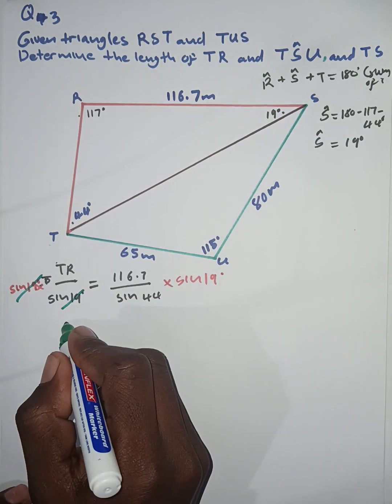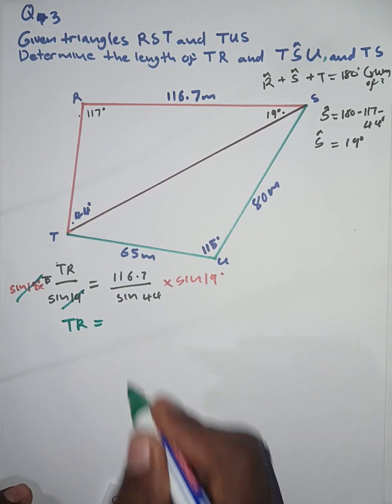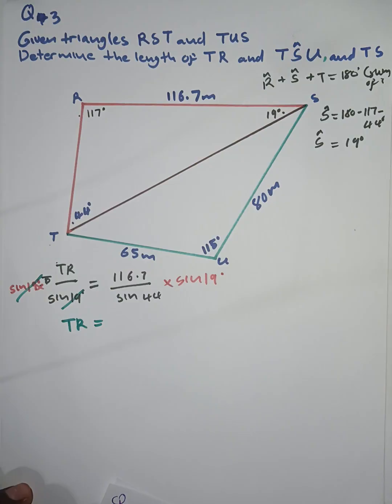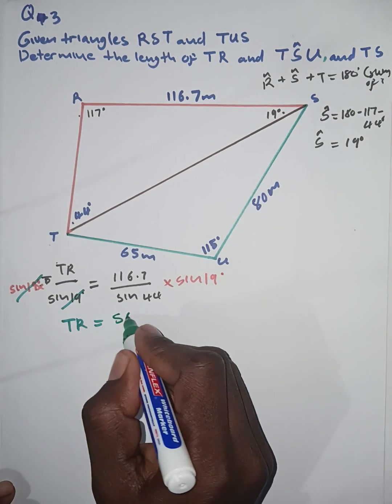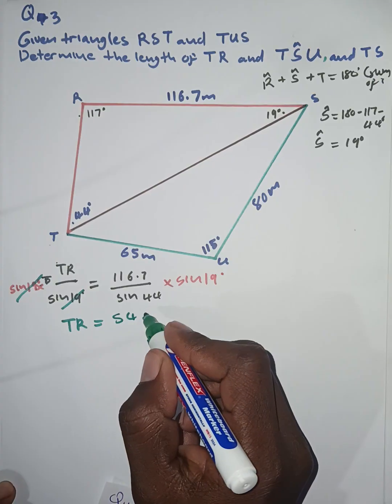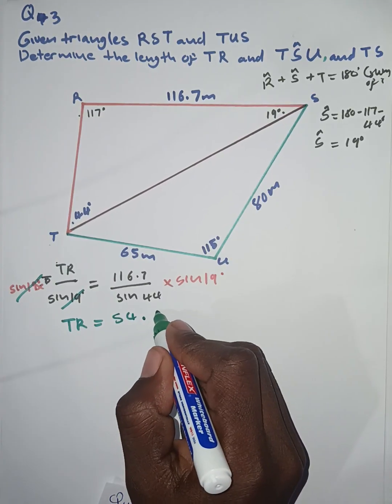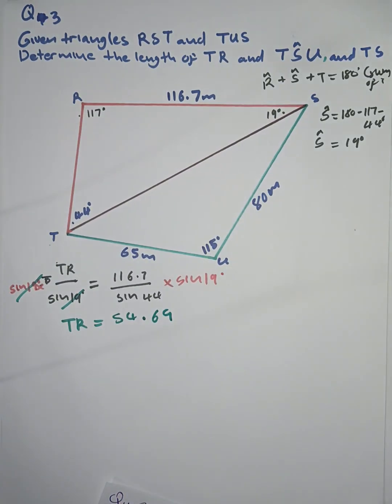So TR would be equal to, if you put all of that in your calculator, what you would get is 54.69. So that's the value that you are going to get for that.